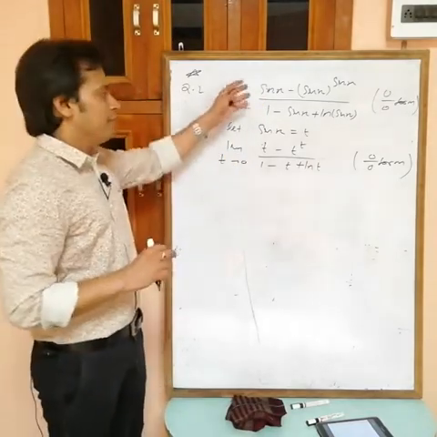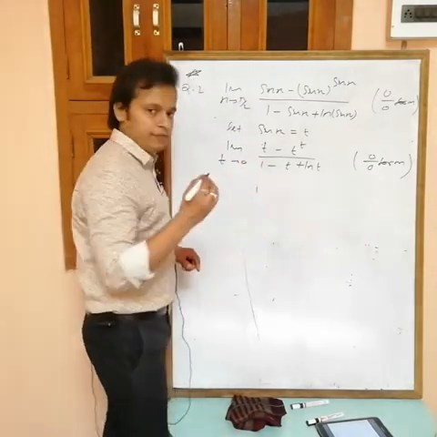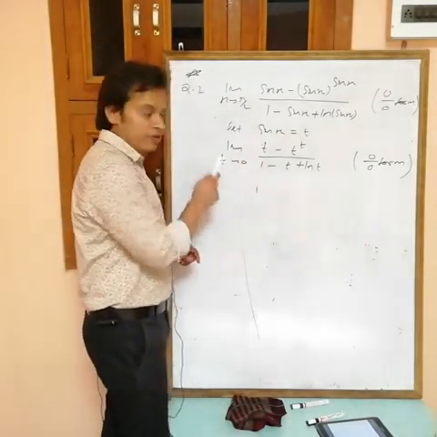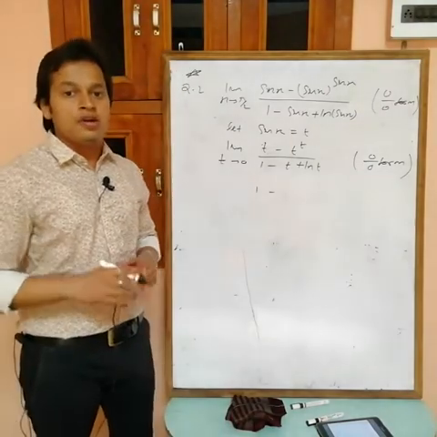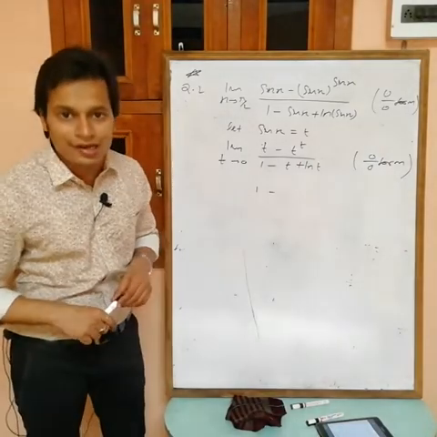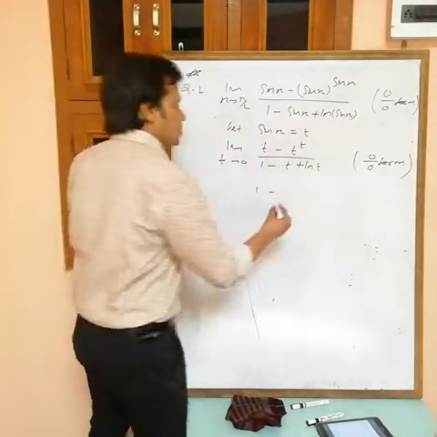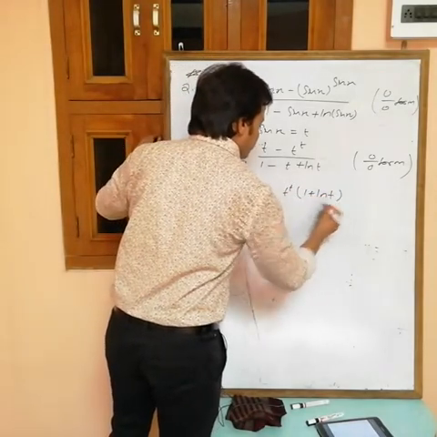But it becomes lengthy. Now the differentiation of t is 1 with respect to t, because we have the limit for t. What is the differentiation of t power t? The derivative of x power x is x power x into 1 plus ln x. So the derivative of t power t is t power t into 1 plus ln t.